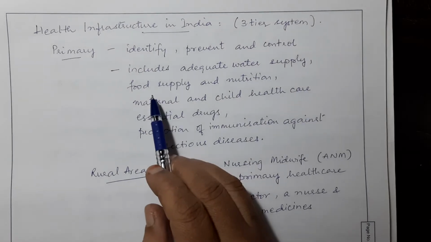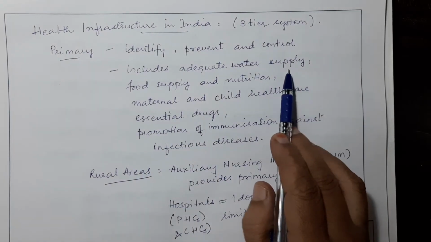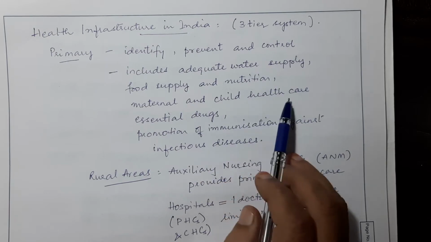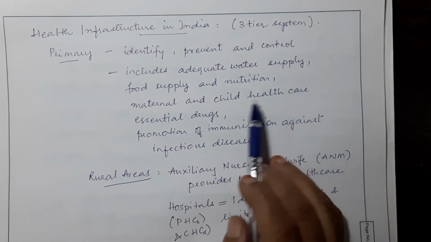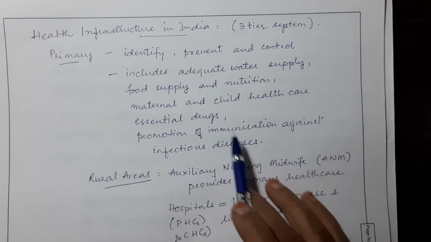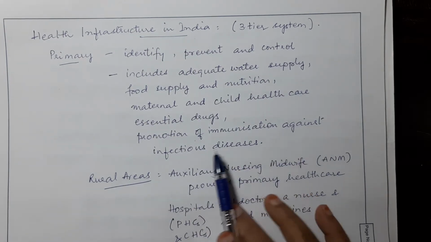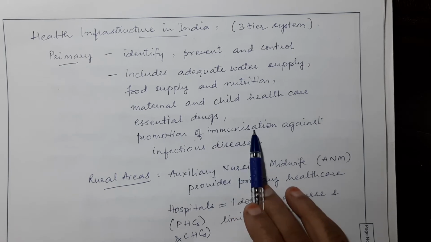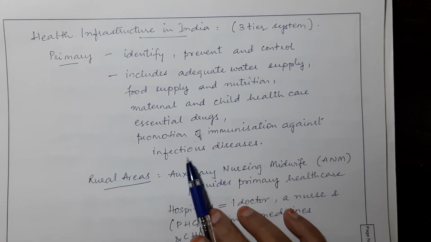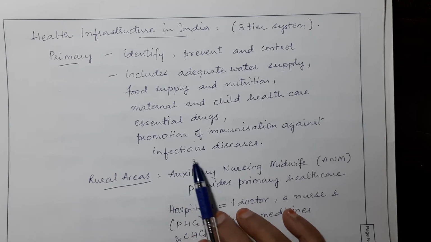Now it includes adequate water supply, food supply and nutrition, maternal and child health care, and essential drugs. Promotion of immunization against infectious diseases. Immunization is vaccination of those diseases which can be infected or which are communicable.